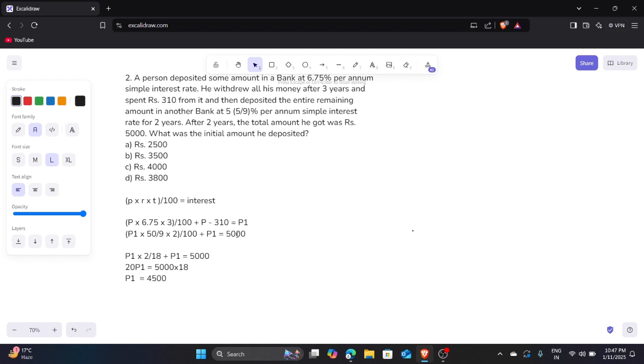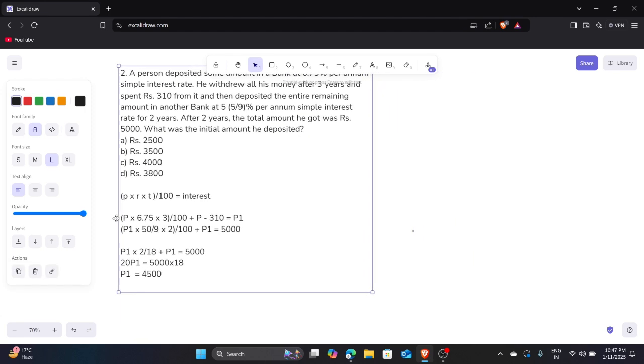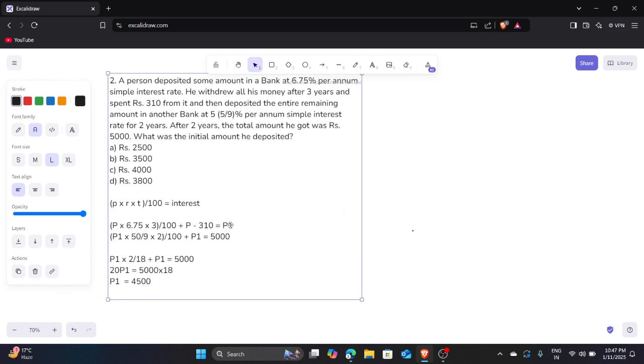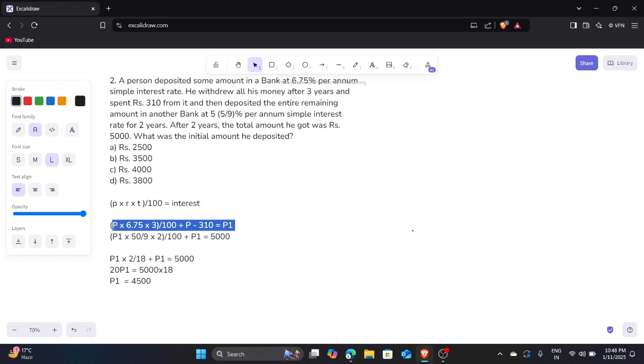So we get the P1 value, and now we just have to put the P1 value in the first equation. Just go through this, Control C and put it here, Control V, and you know that the P1 value is now 45,000.